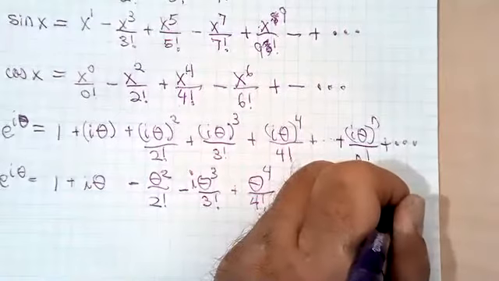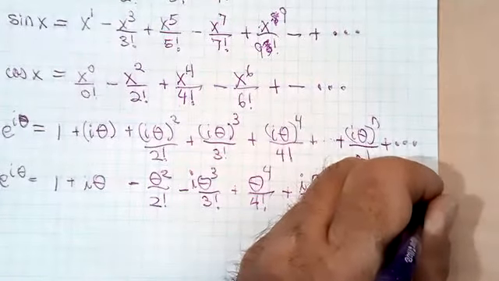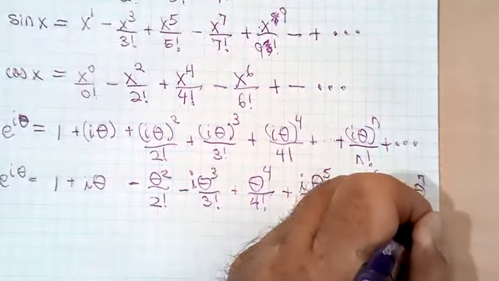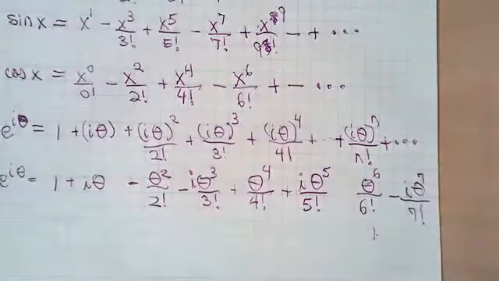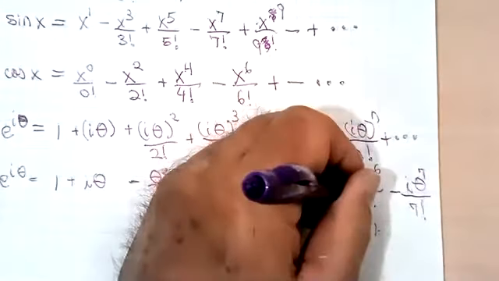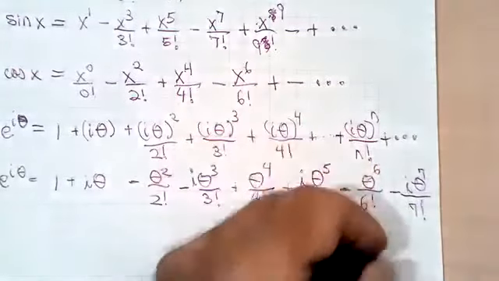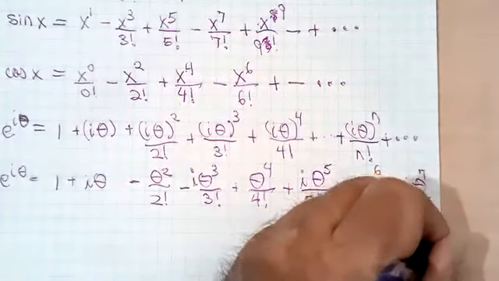And then -i theta to the 7th over 7 factorial. And it doesn't stop there. It keeps going: plus, plus, minus, minus, plus, plus, minus, minus, plus, plus, minus, minus, etc.